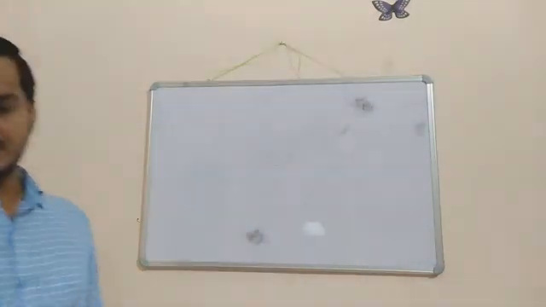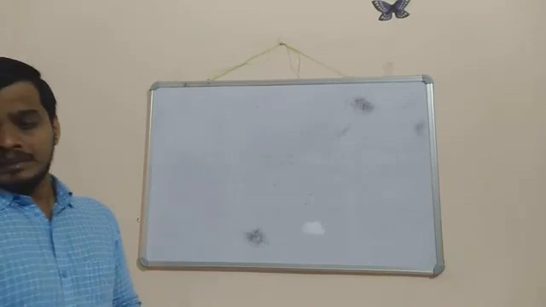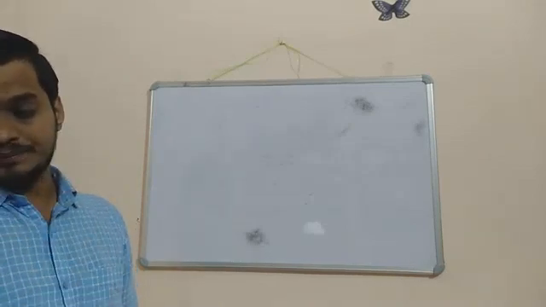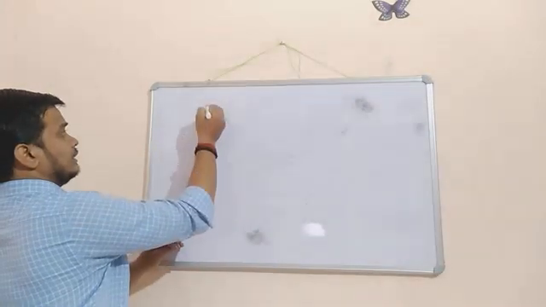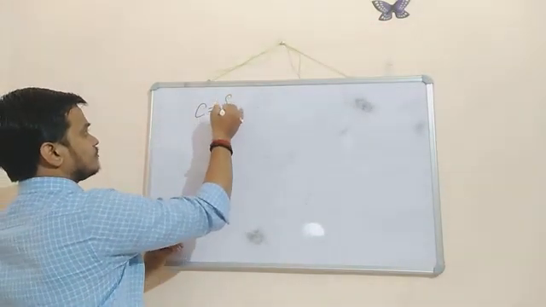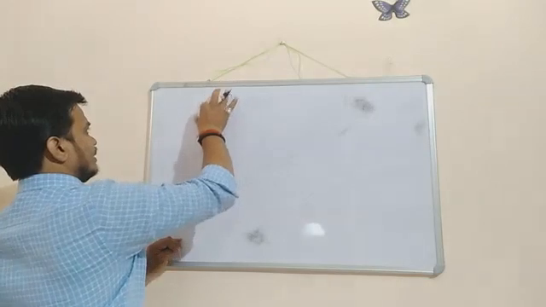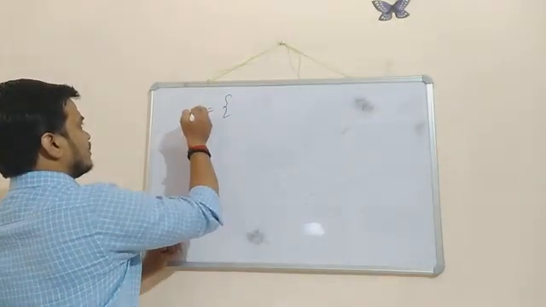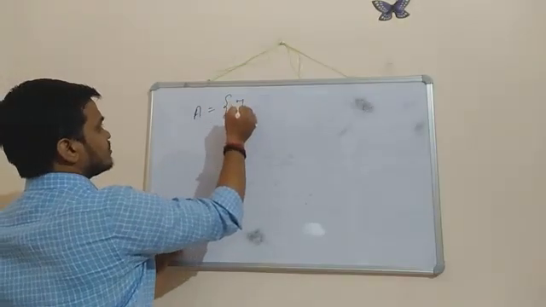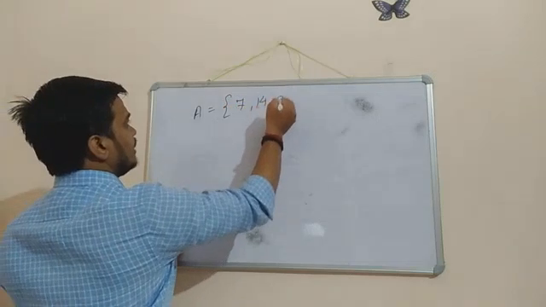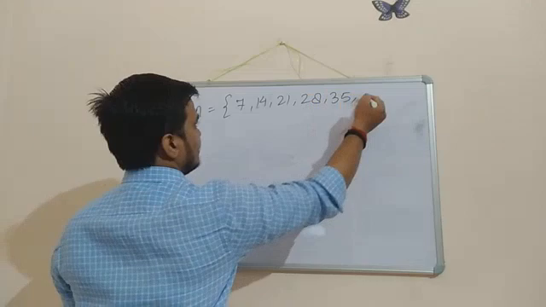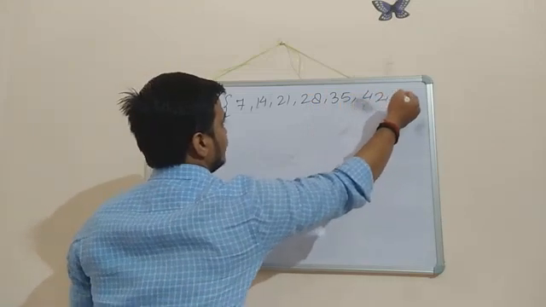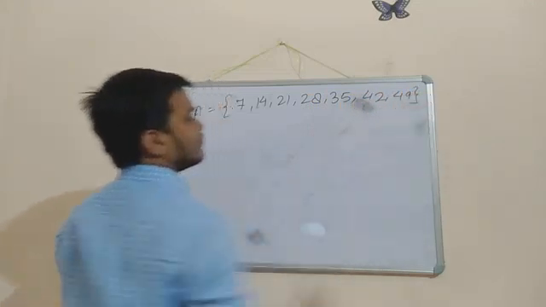One more example I am taking. Define A as a collection of 7, 14, 21, 28, 35, 42, 49.